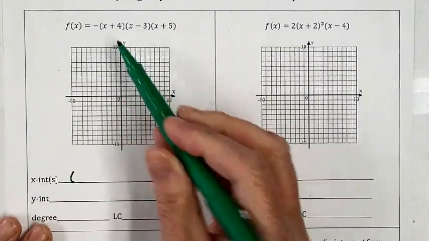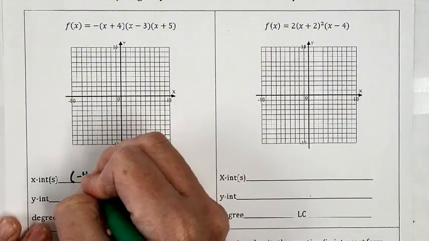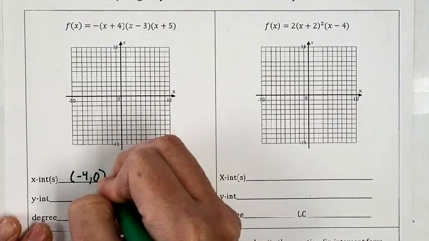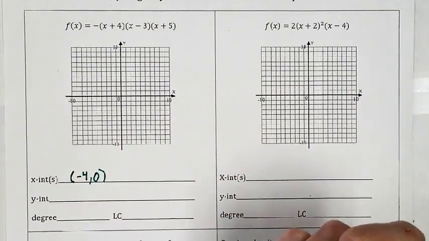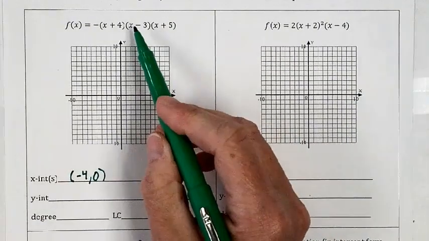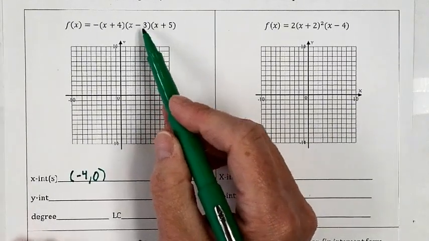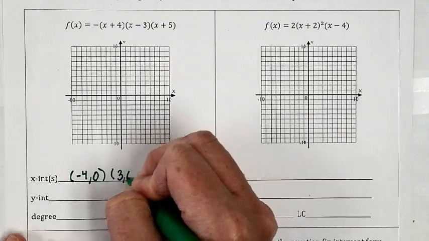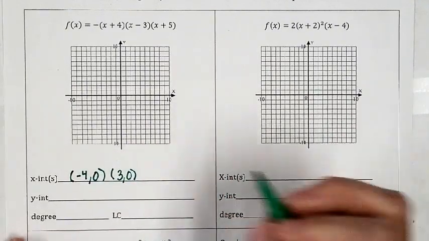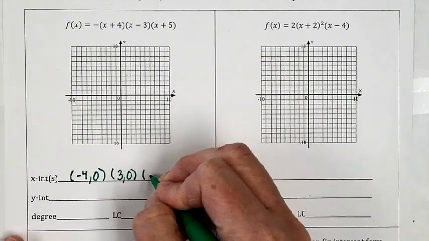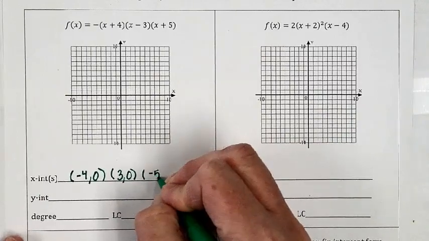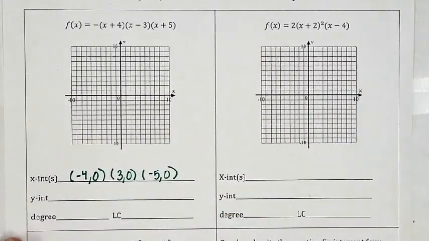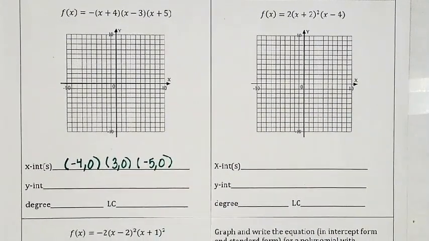So if I set x plus 4 equal to 0, we would have an x-intercept at negative 4, 0. If I set my next factor x minus 3 equal to 0, we would have another x-intercept at 3, 0. And my last one there would be negative 5, 0.